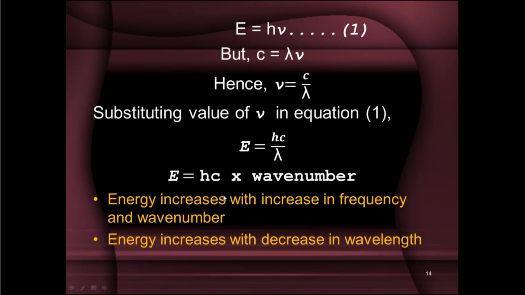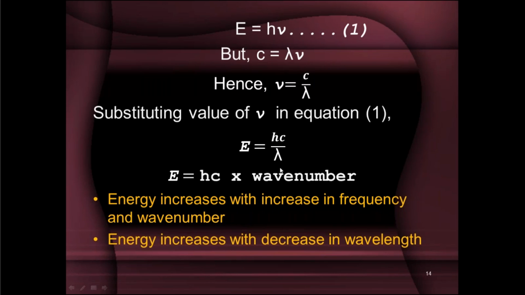So from these two equations and also the first equation, what we realize is energy increases with increase in frequency and wave number, because wave number is directly proportional to energy. Frequency is also directly proportional to energy. When frequency increases, energy increases. When wave number increases, energy increases. But energy increases with decrease in wavelength, because you come to this equation, you see E = hc/λ.